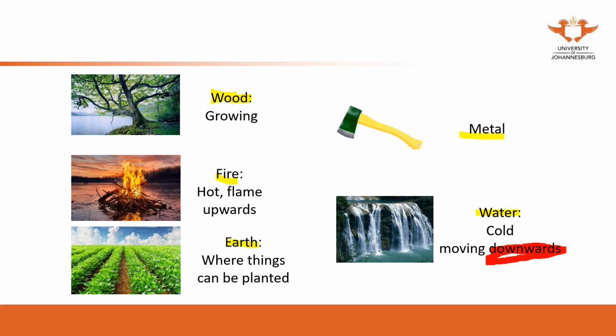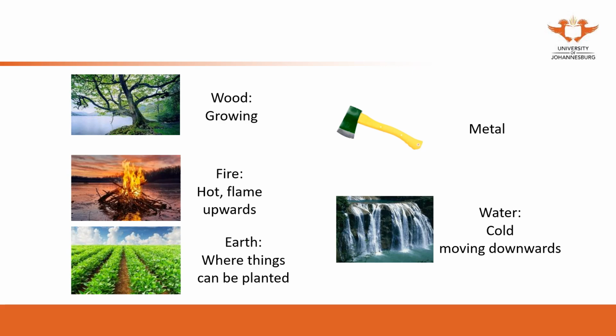So as you can see here, these 5 elements we discussed are wood, fire, earth, metal, and water. We use these 5 elements as the titles of different groups of objects.